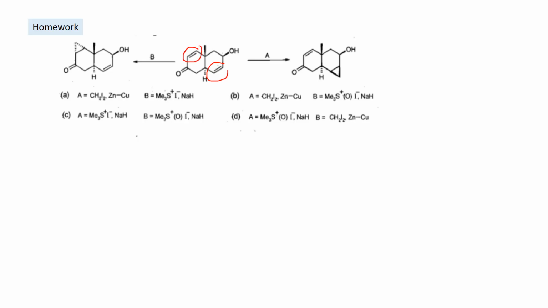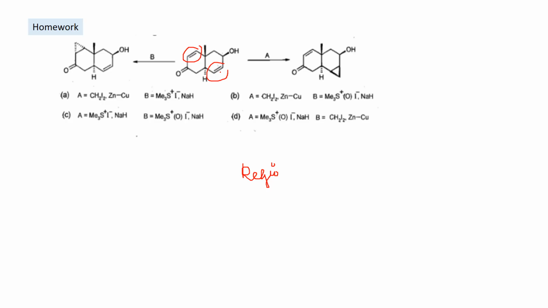So by just varying the reagent, we can get two products. This is called regioselectivity, because both the double bonds are of different nature but in the same system. Just by changing the reagent, we can react one of them.